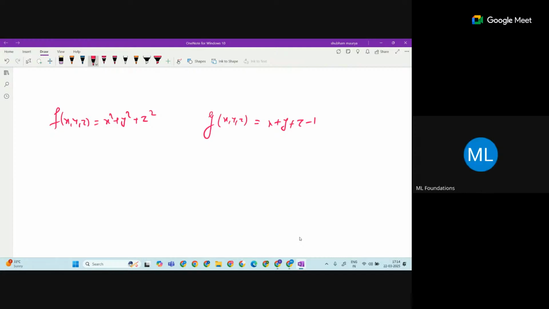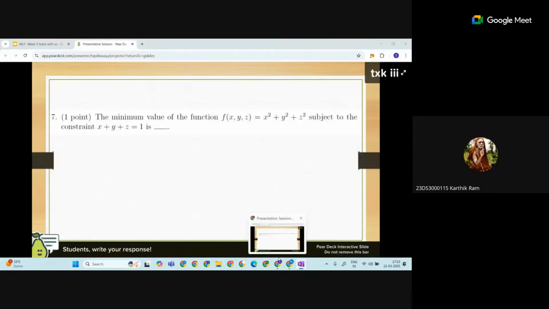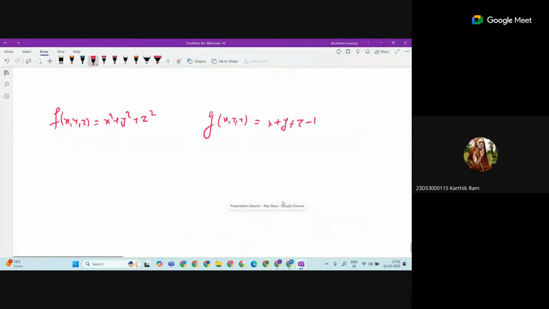It is some sort of curve, a paraboloid, and x plus y plus z is the constraint. So it has to touch at some minimum point.